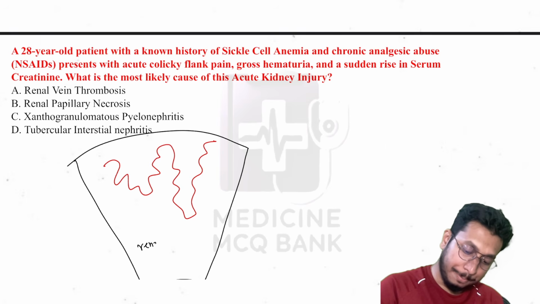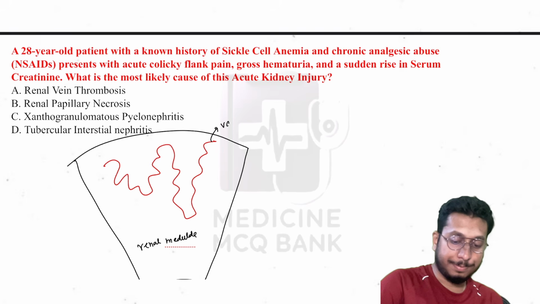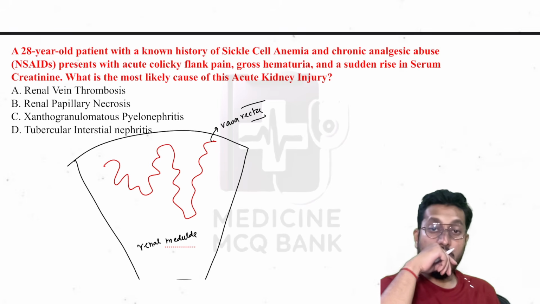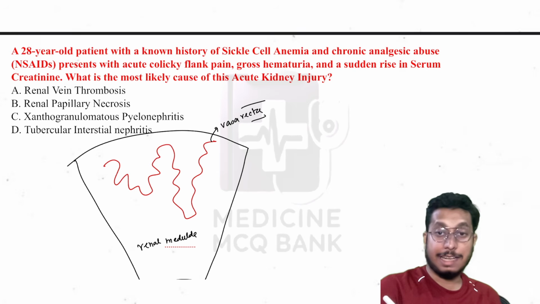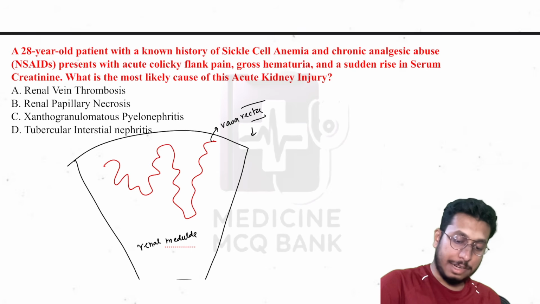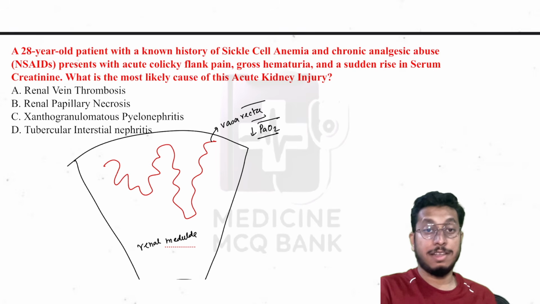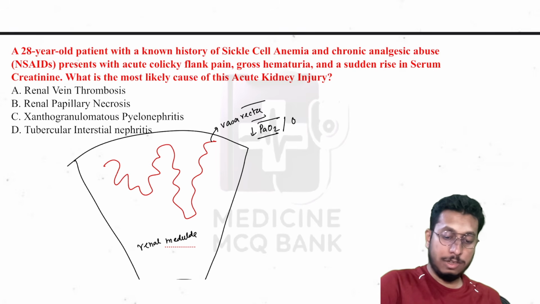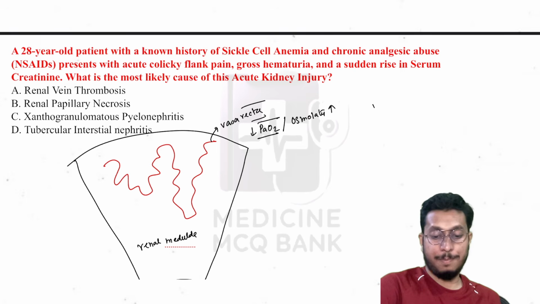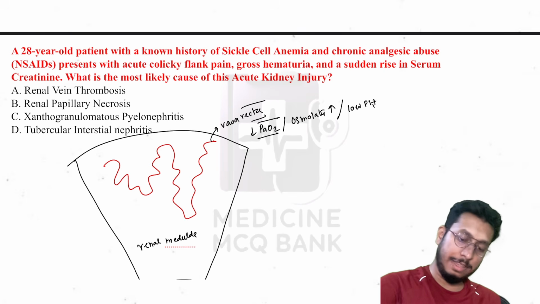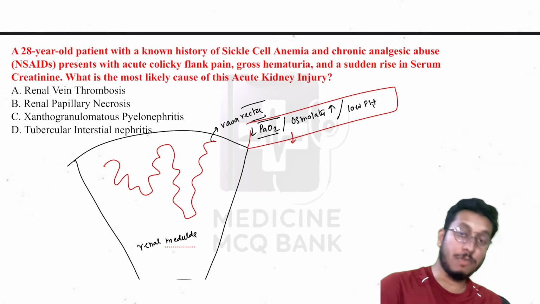In the vasa recta, there is usually low oxygen tension. Partial pressure of oxygen is low compared to the general circulation. Then osmolality is high, and there is acidic or low pH. These three factors together lead to a high chance of sickling.